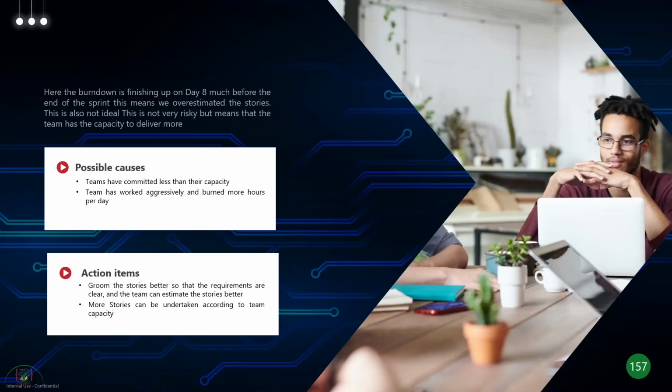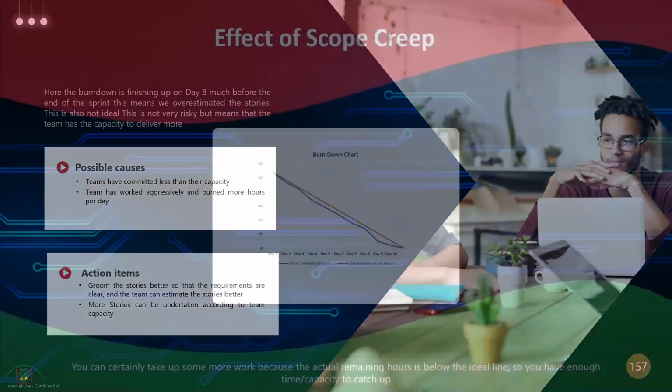So the best is in the next sprints, you groom the stories better so that the requirements are clear, and the team can estimate the stories better. If the team is always finishing up earlier, that means that they're undercommitting. Give them more stories. You want to have the full capacity of the team involved.